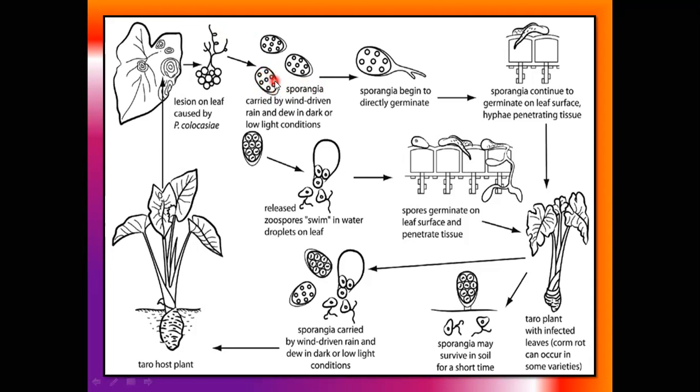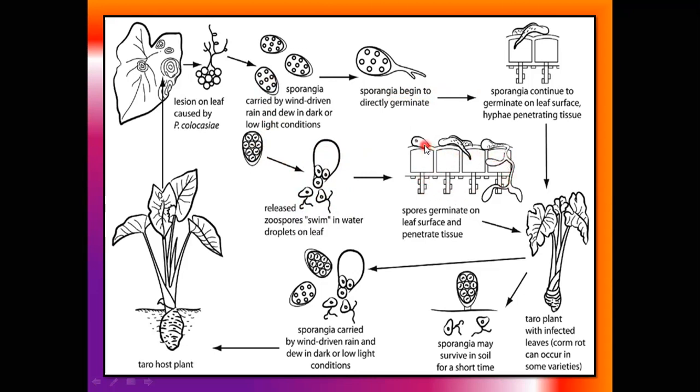sporangium. This sporangium having the sporangia is liberated and germinates under favorable conditions. This sporangia also develops the zoospores. The sporangia release and develop biflagellate zoospores, and these biflagellate zoospores directly land or deposit on the healthy host tissue.